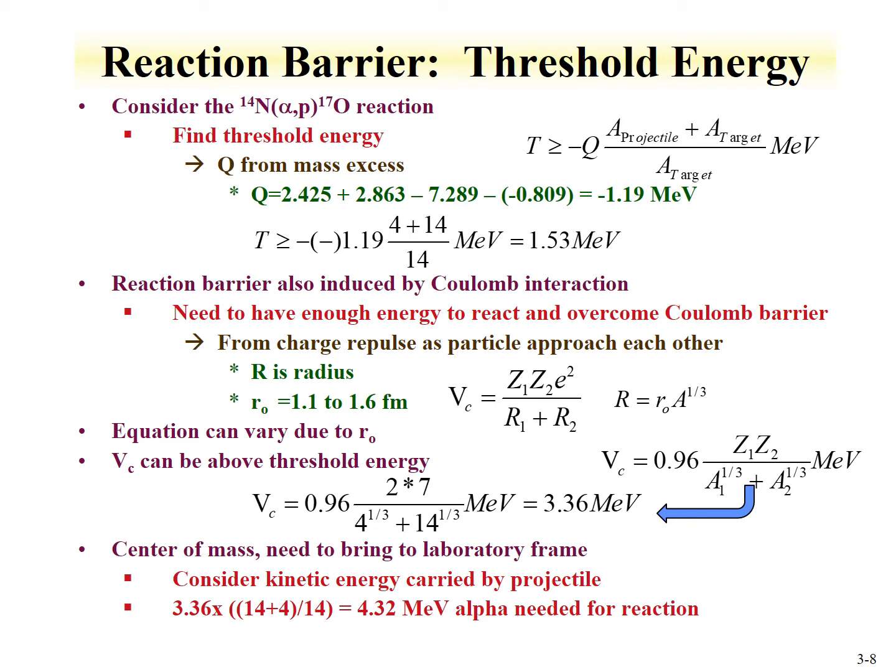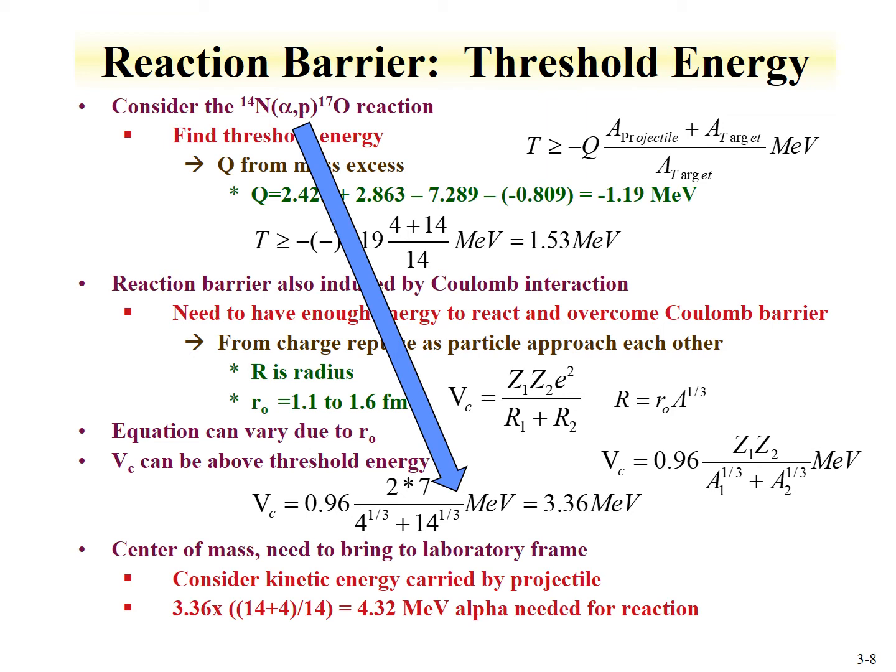So we can take this term, put in our terms coming from our Rutherford reaction, where we get the Z's and the A's, and we see that the Coulomb barrier is equal to 3.36 MeV.